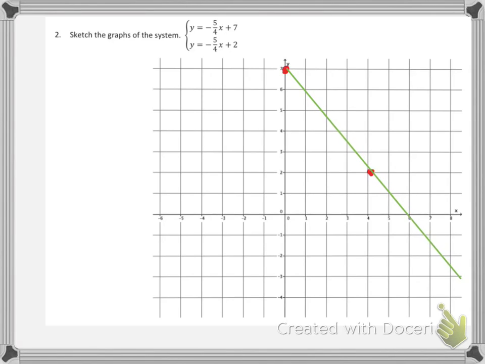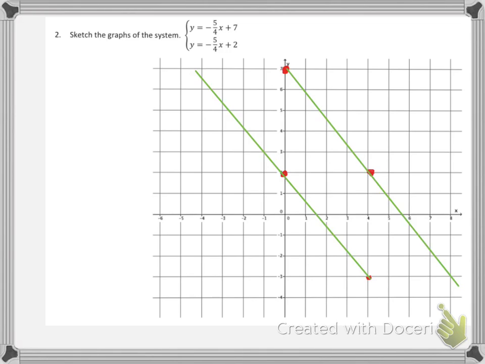Okay, that kind of goes right through there. And then my other line crosses at a positive 2 with the same slope. That means I'm going to go down 5, 1, 2, 3, 4, 5, and right 4. That point is here. And if I run my line through those 2 points, I get that one, and they are parallel.